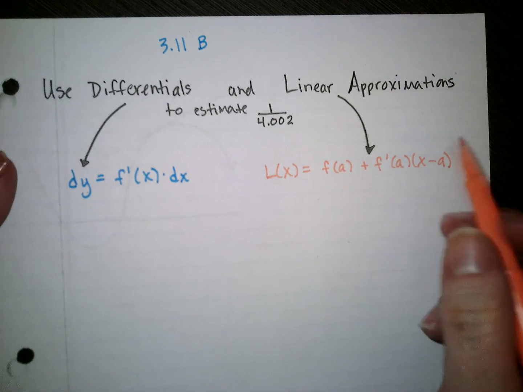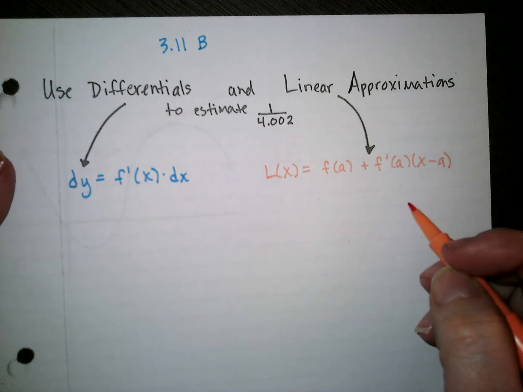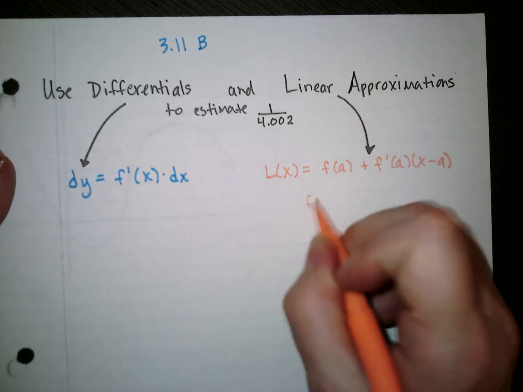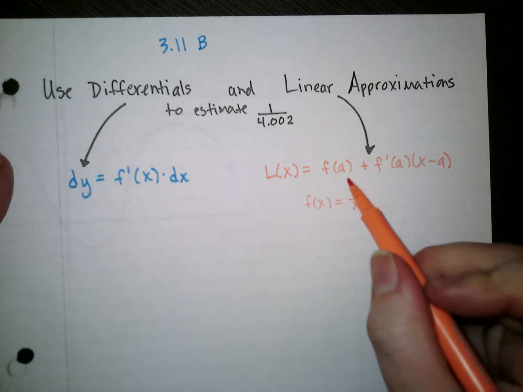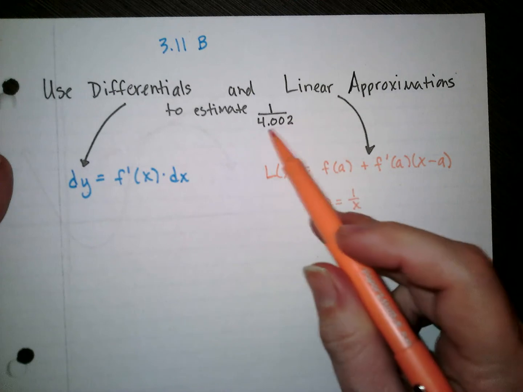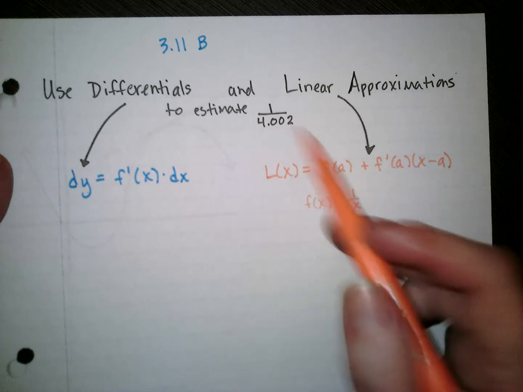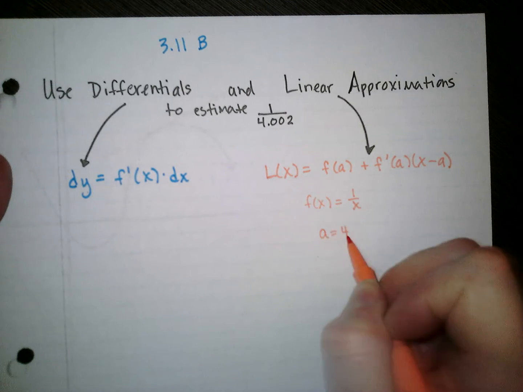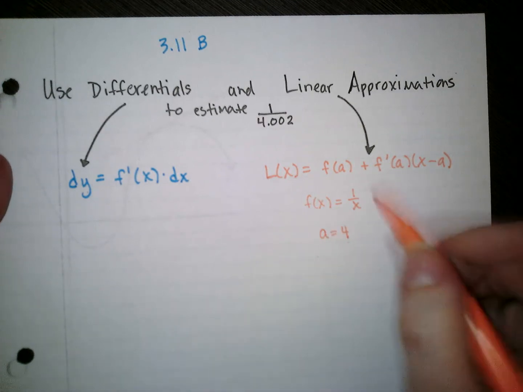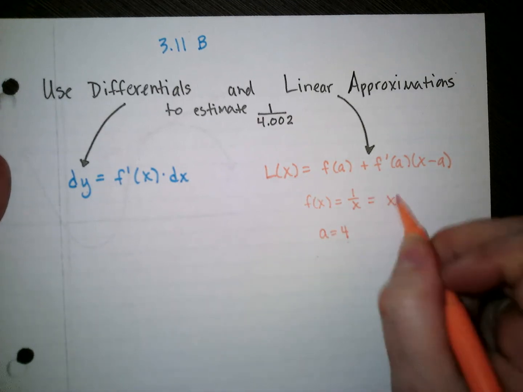The function that would be the best model for that would be f of x equals 1 over x. And then the number that would be the easiest for us to use in terms of being close to 4.002 would be 4. So f of x is 1 over x, which is also the same as x to the negative 1.